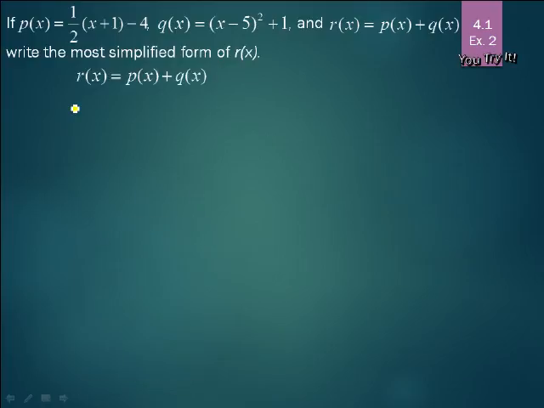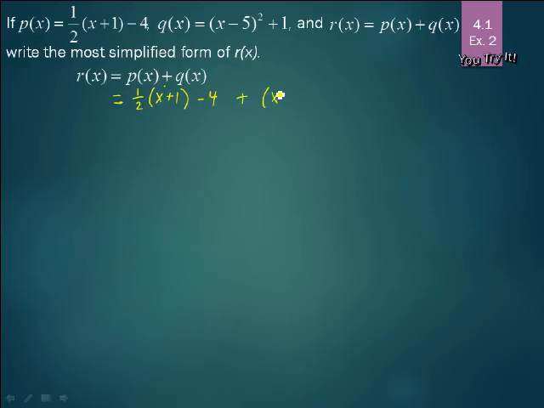So r of x equals p of x plus q of x. So we're just going to do some simple substitutions here. And so instead of p of x here, we can put 1/2 times (x plus 1) minus 4. And then we're going to be adding q of x.